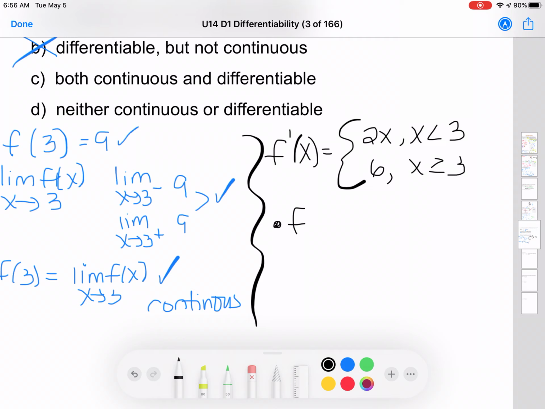Okay, let's find if a function value exists. So we'll plug into this piece of the domain, right? X is greater than or equal to 3, so we get 6. Let's see if the limit exists.